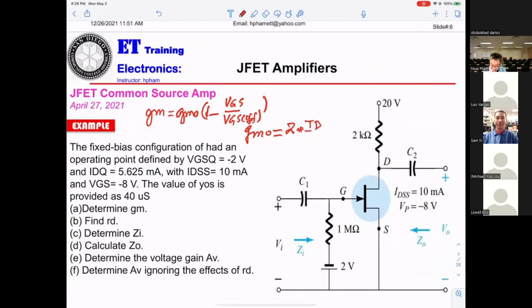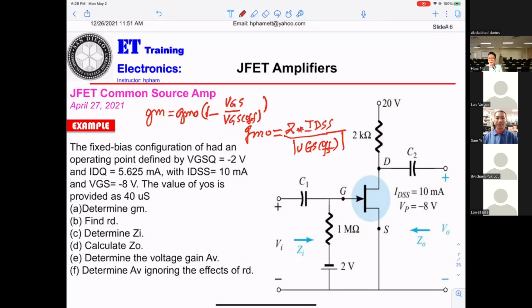divided by the absolute value of VGS off. That's the minimum formula.